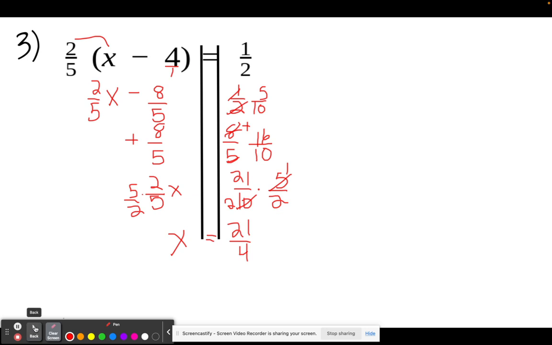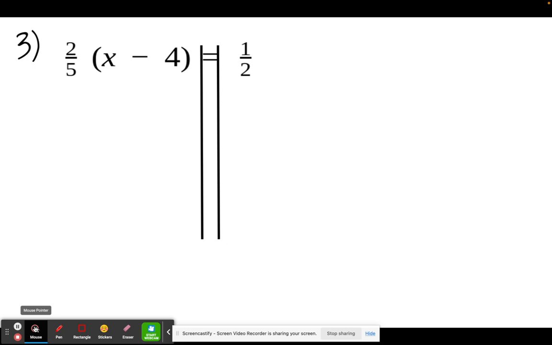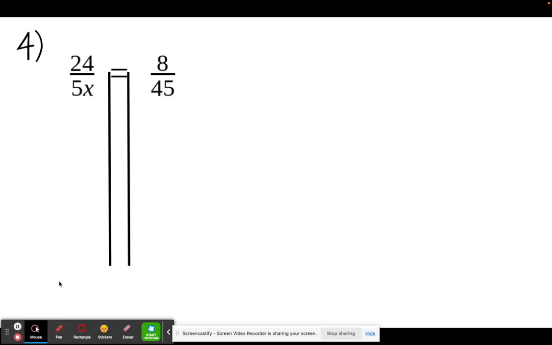Next example. I have 24 over 5x equals 8 over 45. Again, to get rid of this 24 over... Oh, I realize I have a 5x in the denominator. That's my problem.